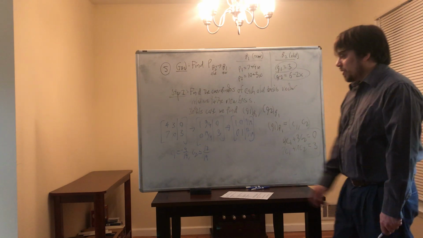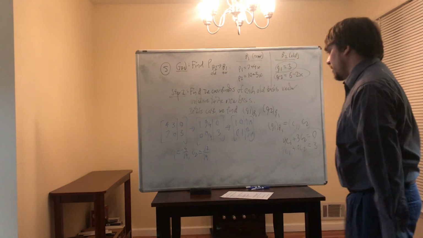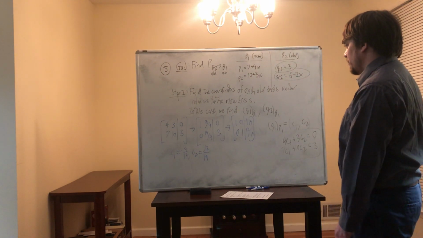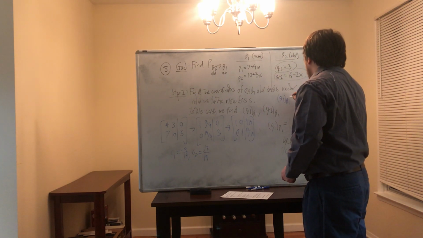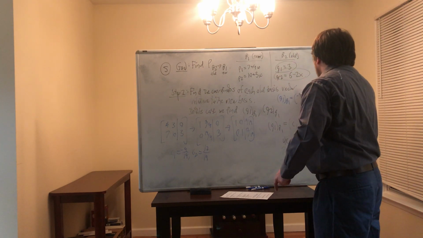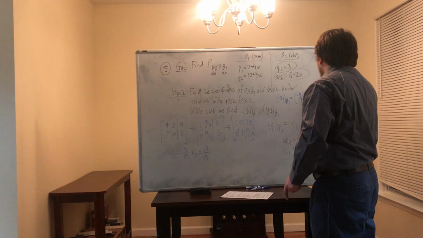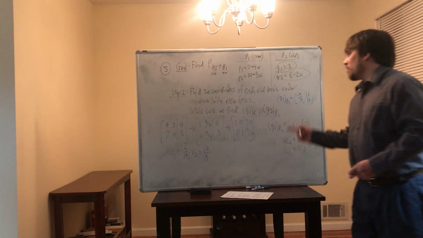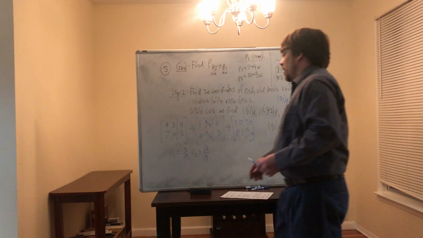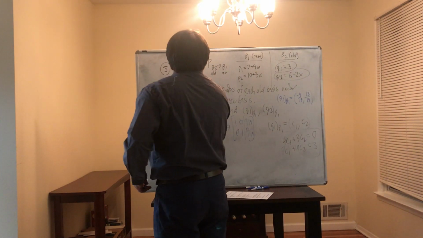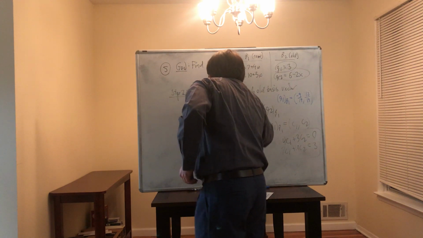That works. Okay, so those are the solutions. C1 is equal to negative 9/19 and C2 is equal to 12/19. So the coordinates of Q1 relative to basis B1 is equal to negative 9/19 comma 12/19. That's the coordinates of Q1 relative to the new basis. And so next we find the coordinates of Q2 relative to the new basis.